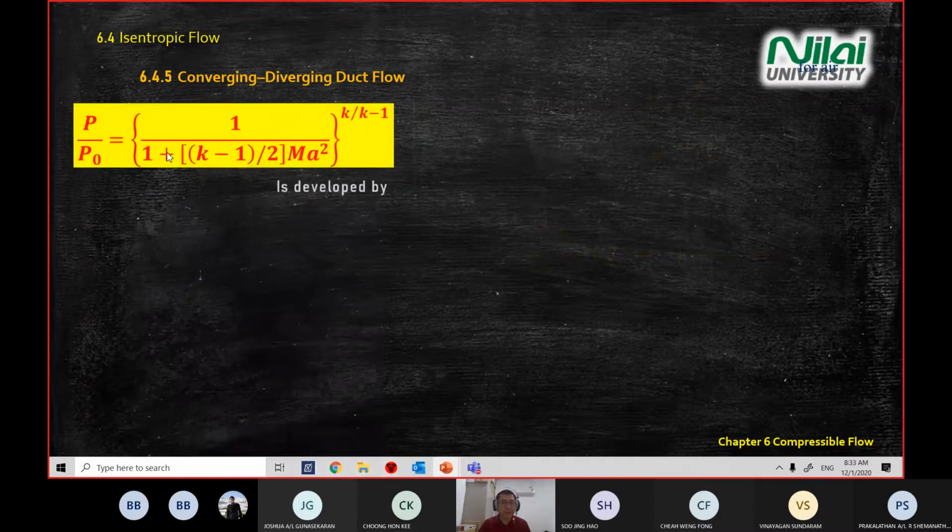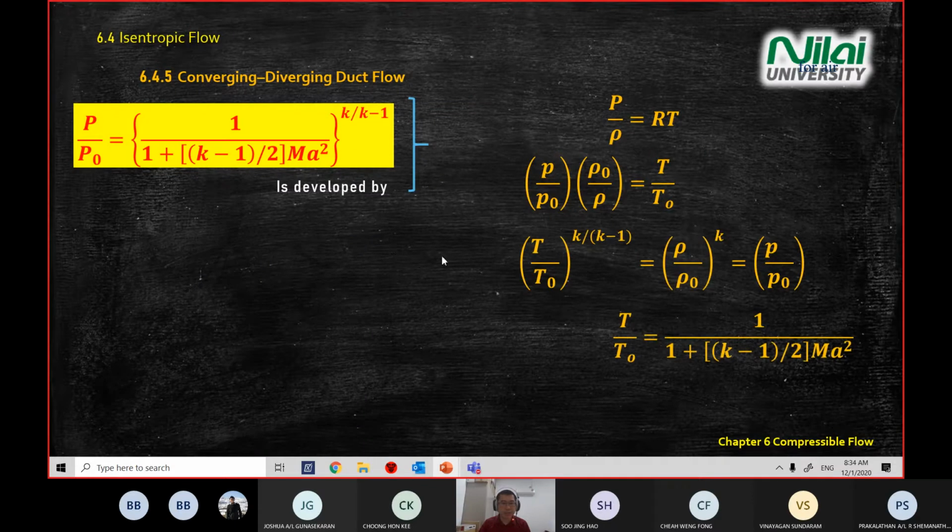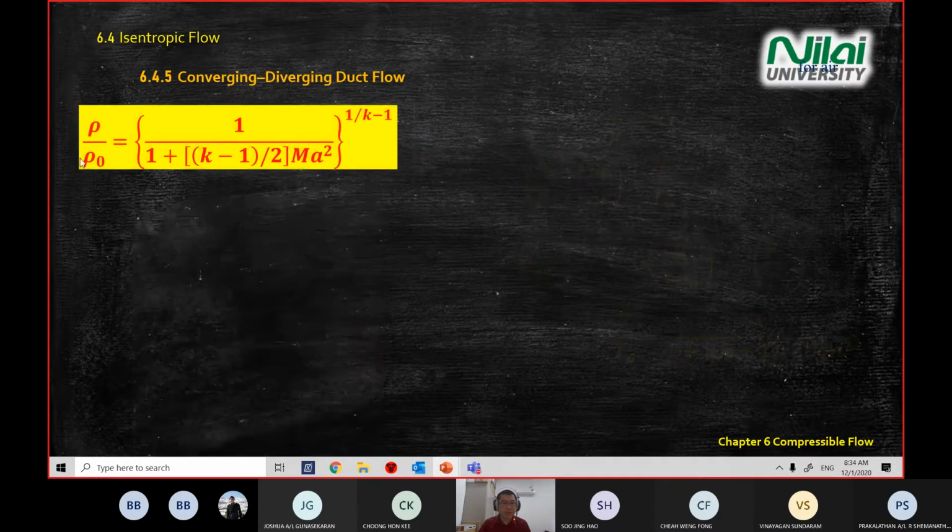The second equation is the ratio of P divided by P0. The difference is the exponential K divided by K minus 1. Derivation you can read from my slides. The third equation is the density ratio, which you can see in your tutorial handouts, page 17. It's the density ratio at the stagnation state, the same as the temperature ratio just now.